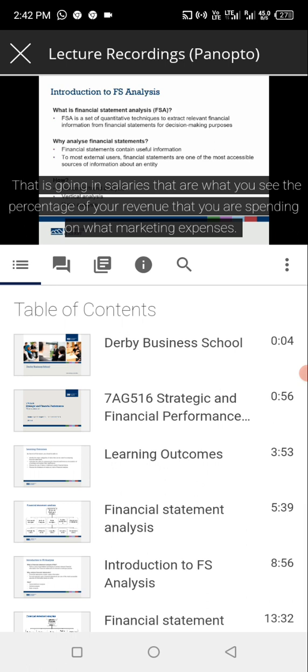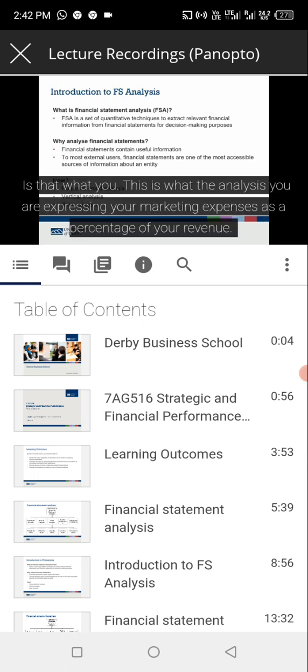Is that all right? You want to see the percentage of your revenue that you are spending on what? Marketing expenses. Is that okay? This is vertical analysis. You are expressing your marketing expenses as a percentage of your revenue.